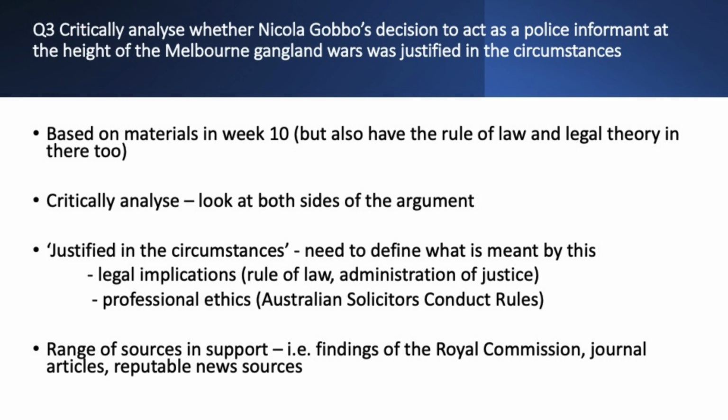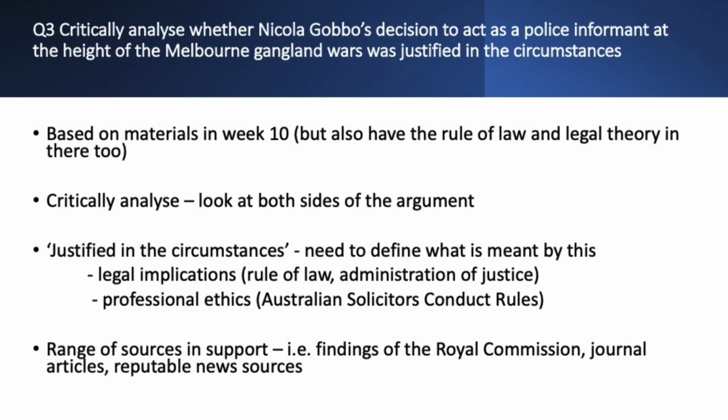Now right at the outset, in your introduction, you need to identify what you think the phrase justified in the circumstances means, or how you're going to explore the content in relation to that aspect of the question. Because obviously justified in the circumstances could mean morally, but it also has to relate to the legal aspect and the professional conduct aspect of this question.